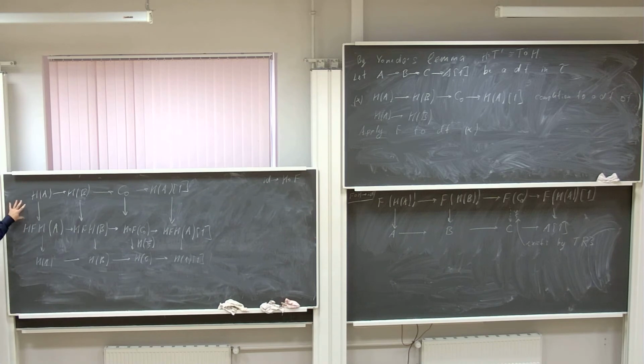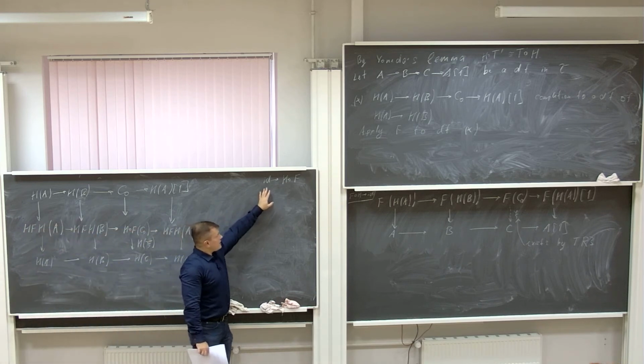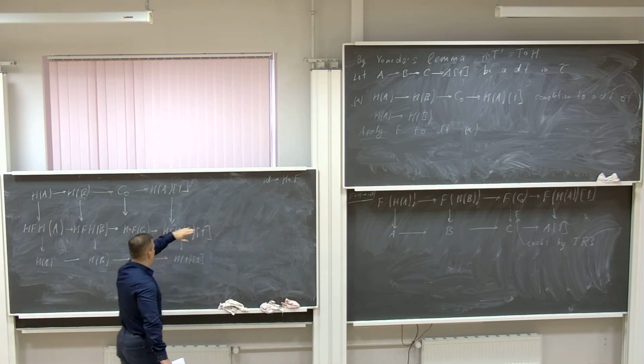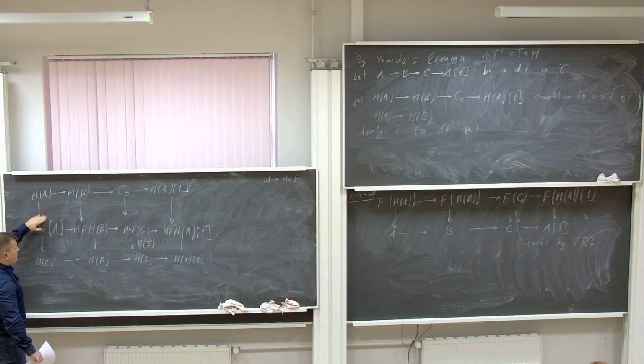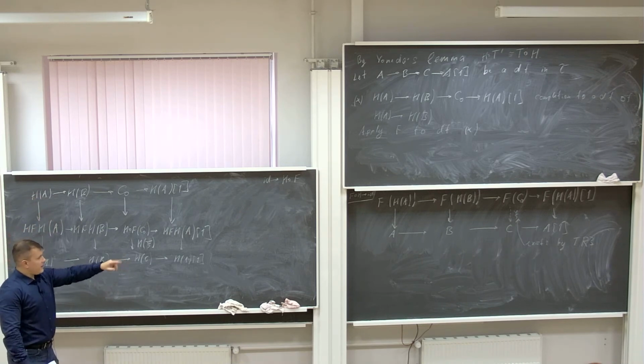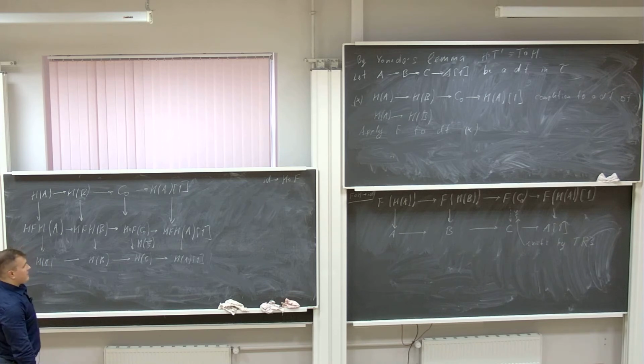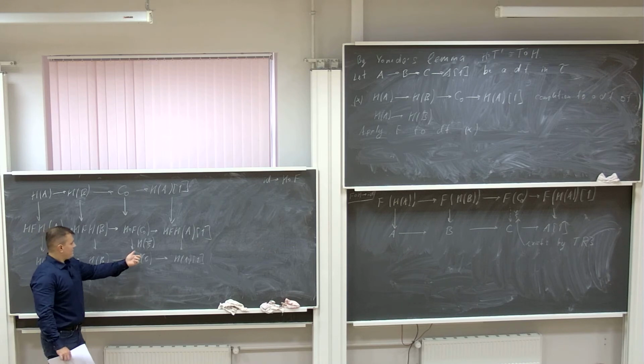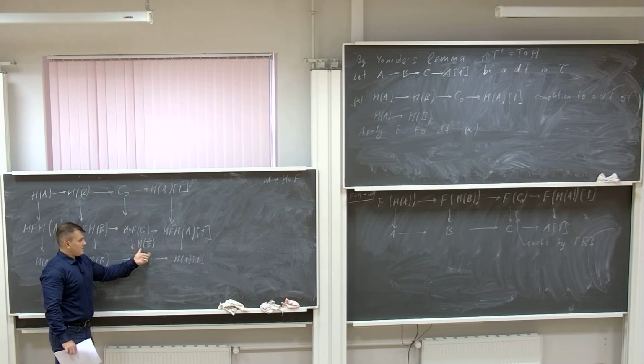The first part, the map between the first row and the second row, is coming from this map of functors that I have because I have adjoint functors. This gives me the upper half of the diagram. And the lower half of the diagram is exactly the diagram as before, where I applied functor h. This is h of C.